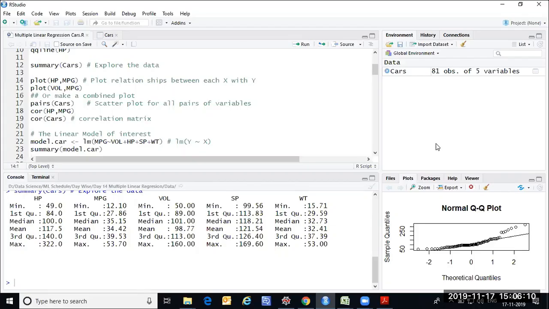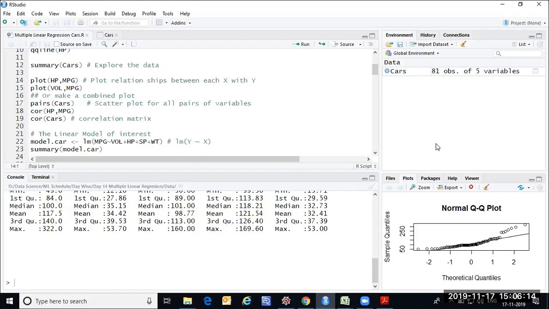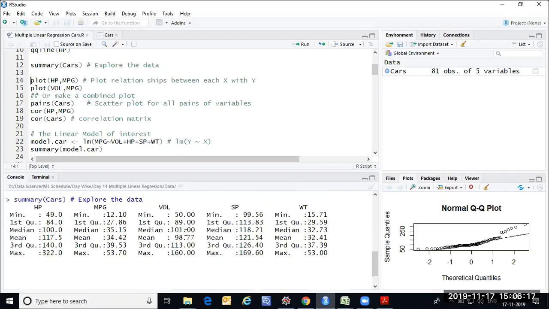Can you come again? In HP? So you are saying the HP values are comparatively higher on the scale with the other variables.